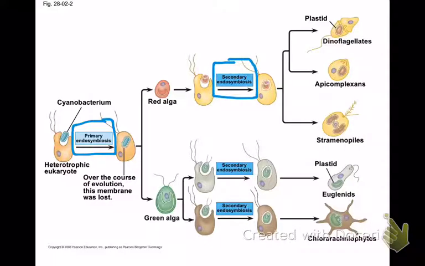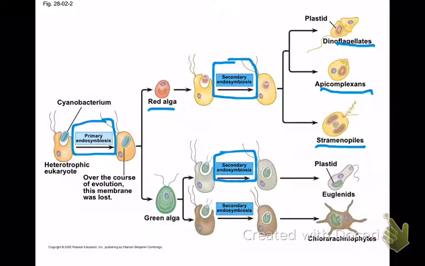So this has happened where a red alga was engulfed, and this led to the type of plastid that we see in the dinoflagellates, the apicomplexans, and the stramenopiles. And then we have other examples where a green alga was engulfed, forming, again, another secondary endosymbiosis because you have a eukaryote engulfing a photosynthetic eukaryote.